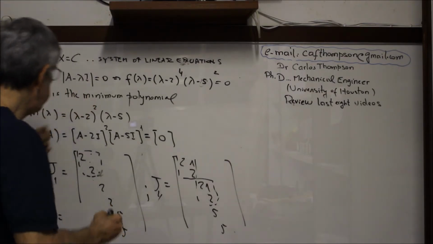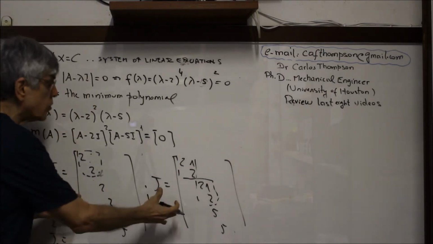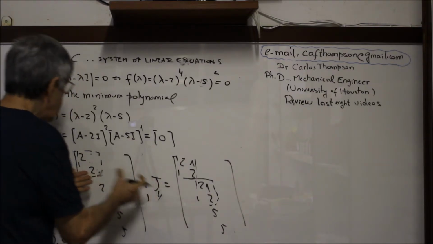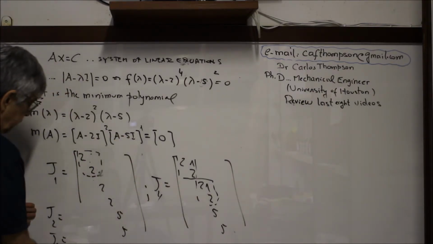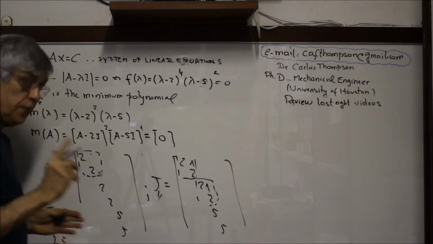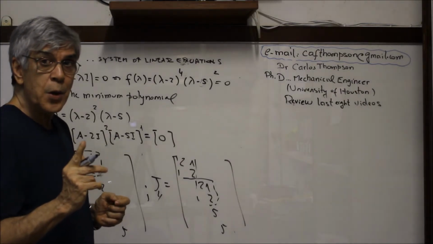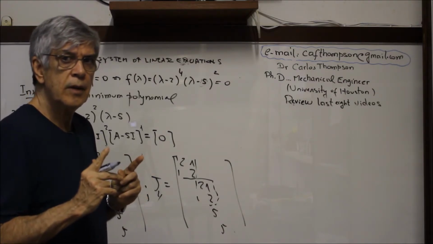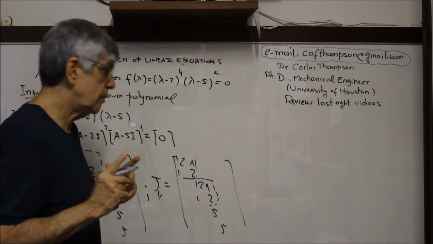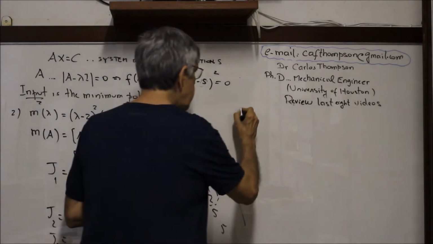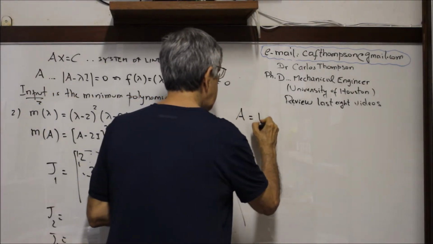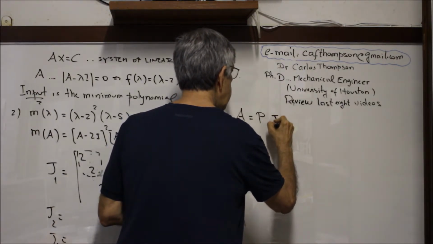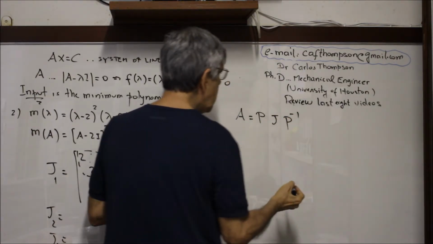That's a minimum polynomial, which allows me to write these different J's. Different J's, we have to have different transition matrix. As I told you, look, A is equal to P J P minus 1.